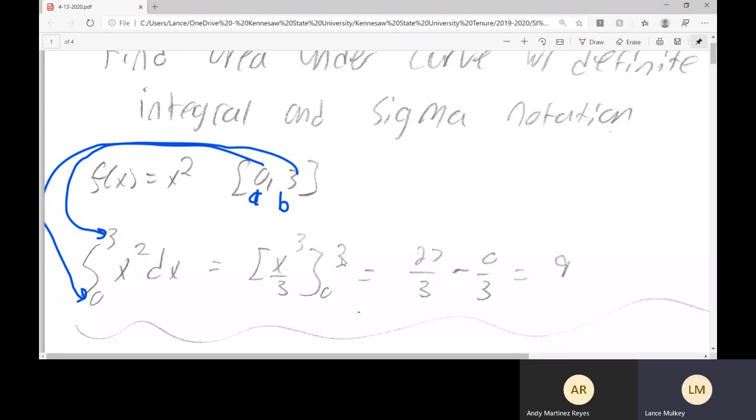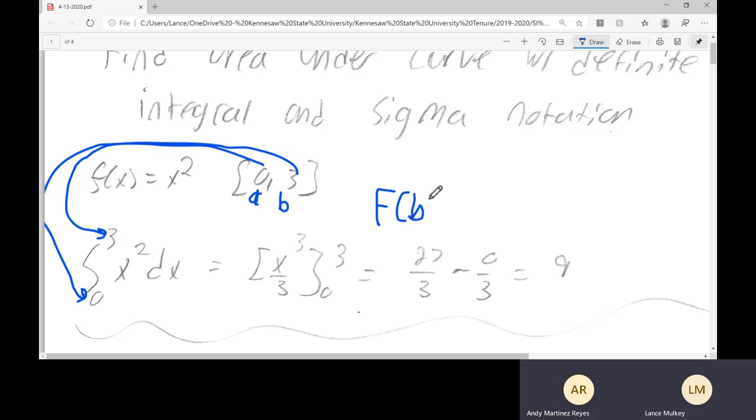Anyways, so what do you do after you get this? Plug in. Yep. Or how do you plug it in? What does this mean? Remember, capital F is the antiderivative.